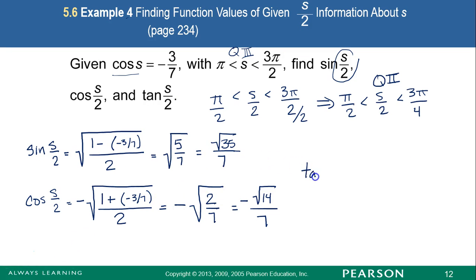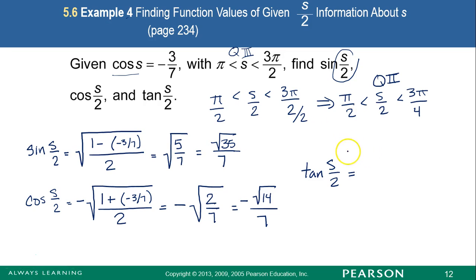Tangent of s over 2. We are in quadrant 2, and tangent is negative. We should know that fact anyway whenever we plug in these values.